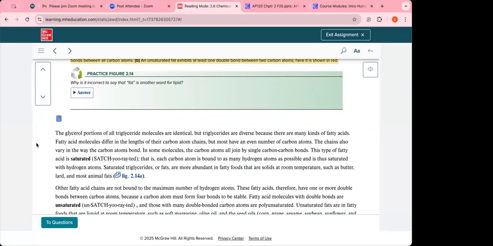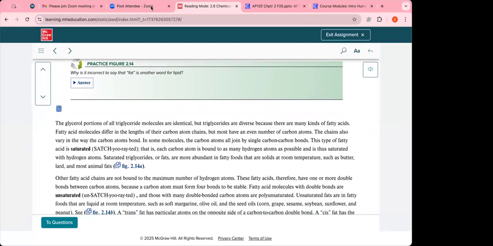The glycerol portion of all fatty acids differ in the lengths of their carbon chains, but most have an even number of carbon atoms. In some molecules, the carbon atoms all join. This type of fatty acid is saturated. Other fatty acids are bound to the maximum number of hydrogen.